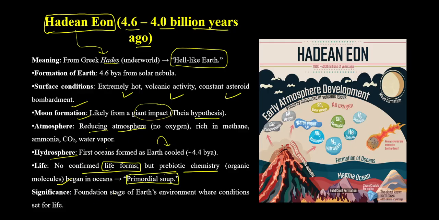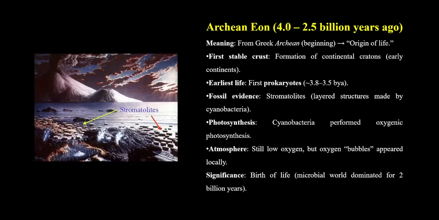What is the significance of this stage? This particular time scale is considered the foundation stage of the Earth's environment, where conditions were set for life. Then the Archean eon, which is considered 4 to 2.5 billion years ago. The word Archean came from the Greek word which means origin of life.